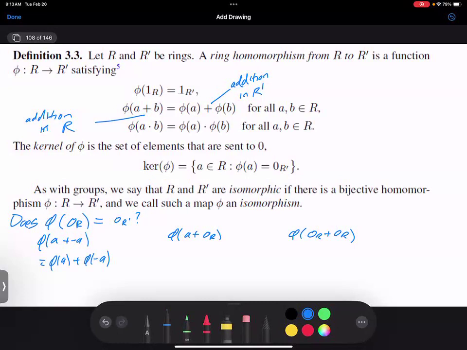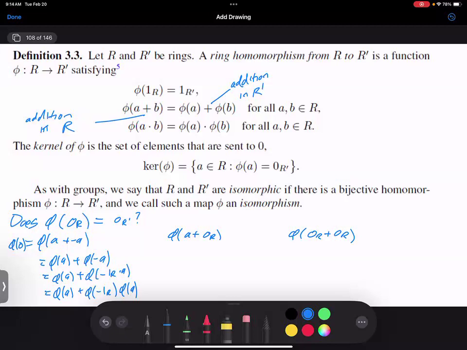We could write this as phi of A plus phi of negative 1R times A, and then use the fact that phi of a product is the product of phis. This is negative 1R times phi of A. But you can see that we need to know a little bit more here. So if we try A plus negative A, it's not a bad thing to try, but I'm running into some trouble.